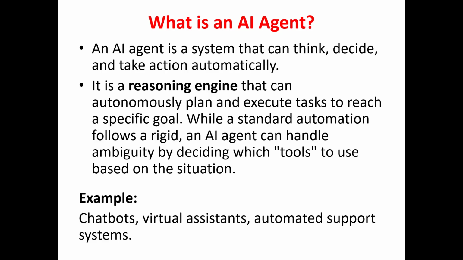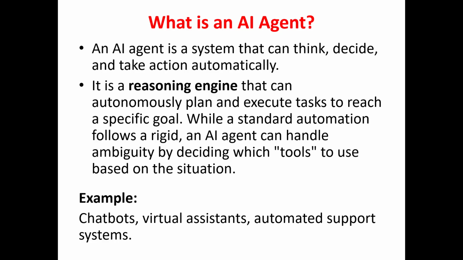It follows a pattern from one step to the next, from that step to another step, and to another step like that. So a typical workflow goes in sequence without skipping a step. An AI agent is somewhat different from that, in that an AI agent has the capacity to decide, to think, and then take action based on that line of thought.